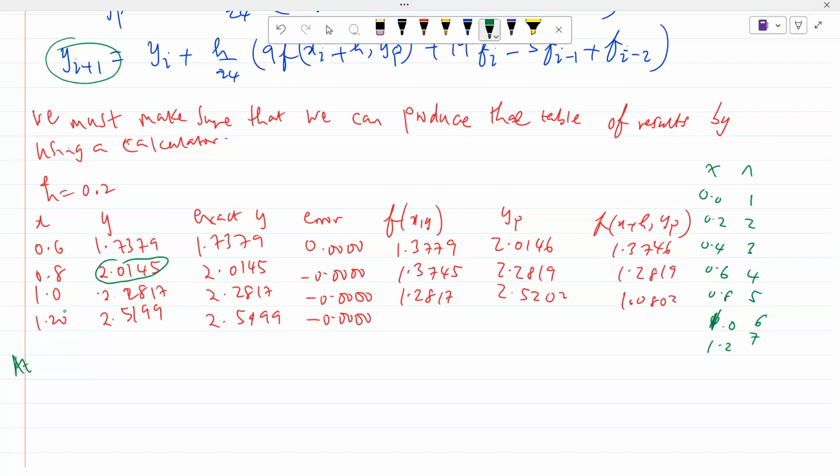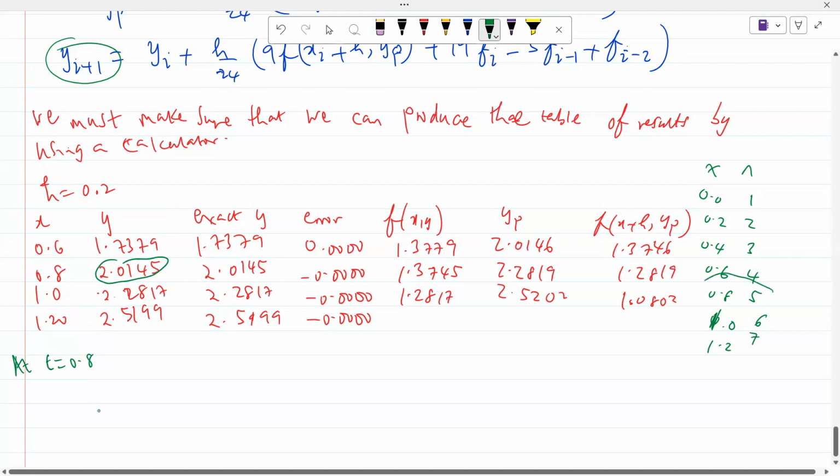Okay, rounding up for this question. So at t equals 0.8, we're gonna have at 0.8 we have 5 and 5.